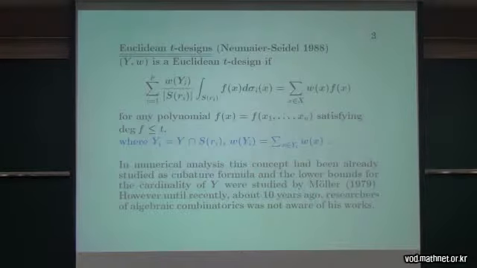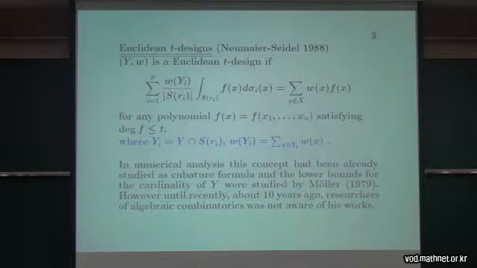Euclidean t-designs were defined in the Neumaier-Seidel paper: Y and W form a Euclidean t-design if this equality holds for any polynomial f satisfying degree up to t. Here Y_i is the intersection of Y with the sphere of radius R_i, and W_i is the total of the weight on Y_i.